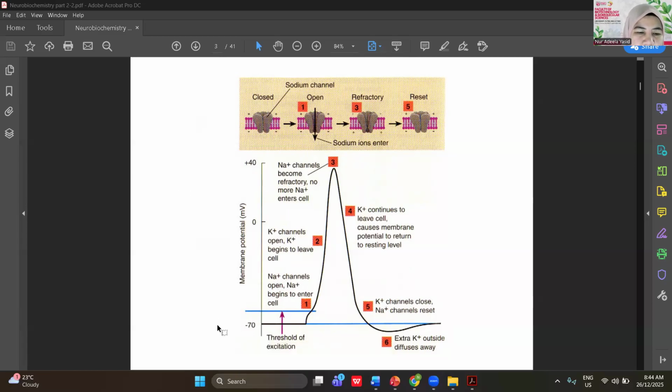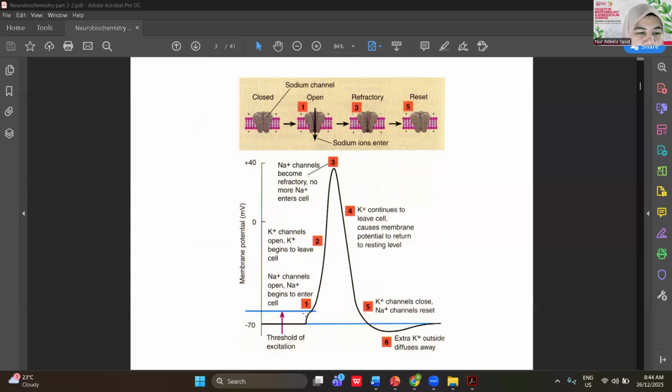This is maintained by the sodium-potassium ATPase pump, which pumps three sodium ions out of the cell and two potassium ions into the cell, and by the relative permeability of the membrane, which is more permeable to potassium than sodium.